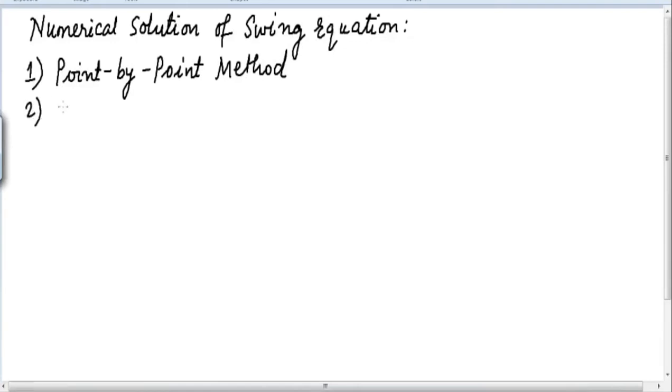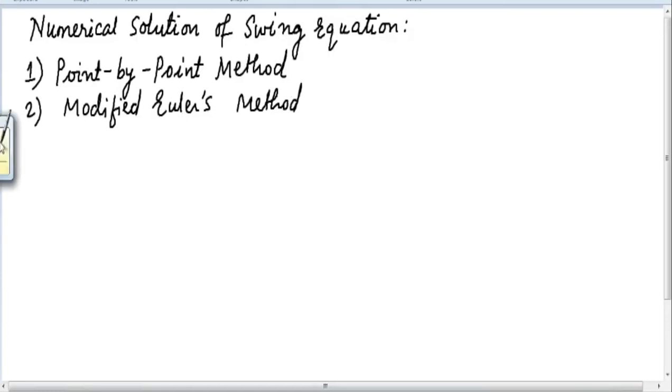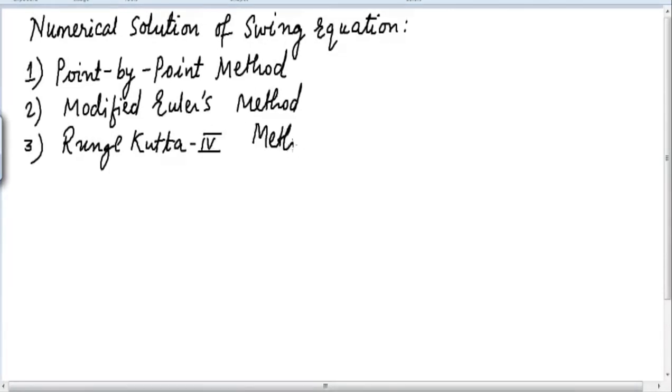Second is modified Euler's method. Third is Runge-Kutta 4 method. And fourth is Milne's method.